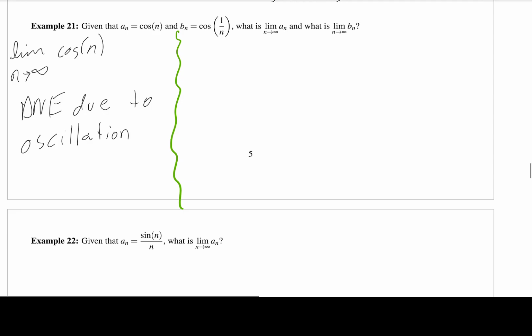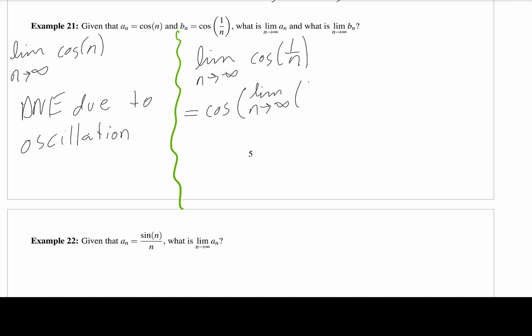Now for b sub n, we're going to have limit as n goes to infinity of cosine of 1 over n. So what I'm going to do here is move that limit inside of our cosine function. So we're going to have cosine of limit as n goes to infinity of 1 over n.